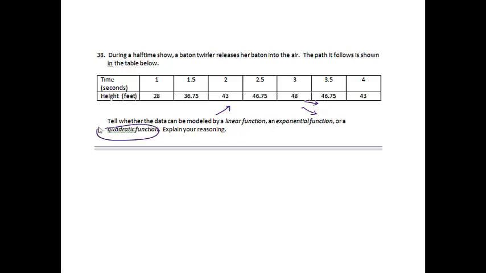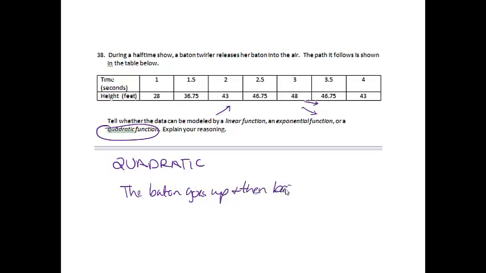So it is going to have to be quadratic. And my reasoning is going to be because the baton is going up in the air and then coming back down. So the baton goes up and then back down.